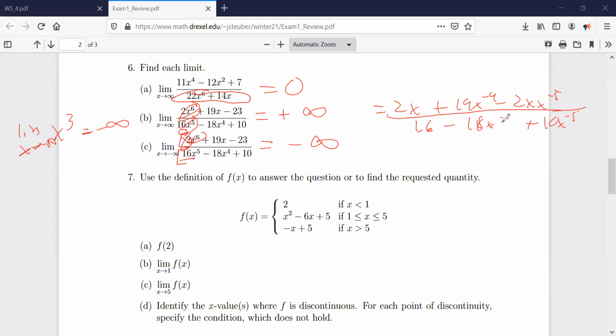And then these guys would go to 0, and I would just be left with something that clearly goes off to infinity, right? Okay. Yeah. So basically that's the more rigorous way of thinking about it, but the rules work perfectly fine for the most part.